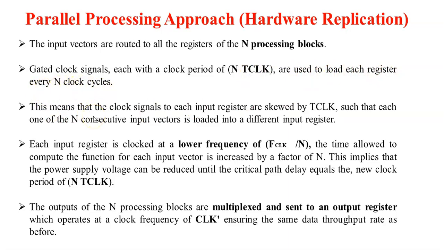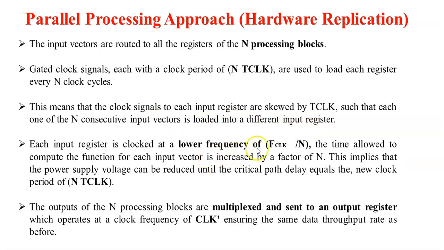The input of each logic function is connected through the n number of registers, and the clock is given to the corresponding register. The total clock period is calculated as n times t clock. So n consecutive input vectors are loaded into the different input registers.